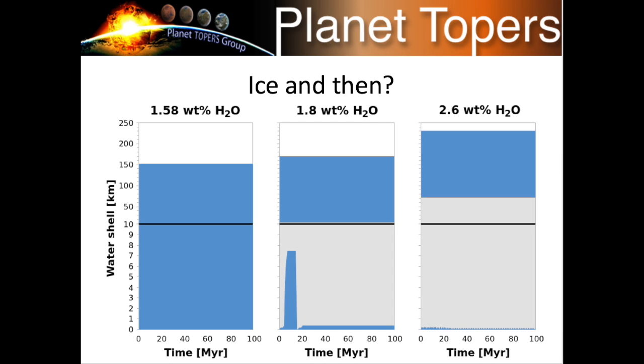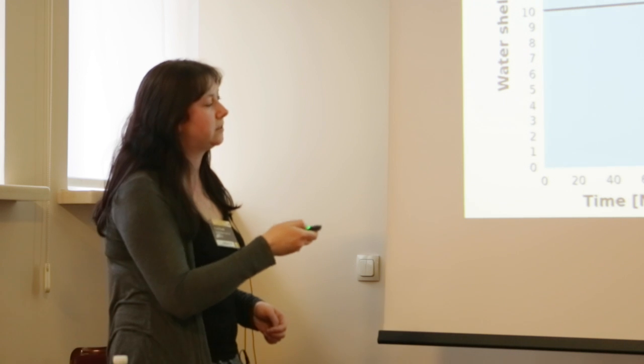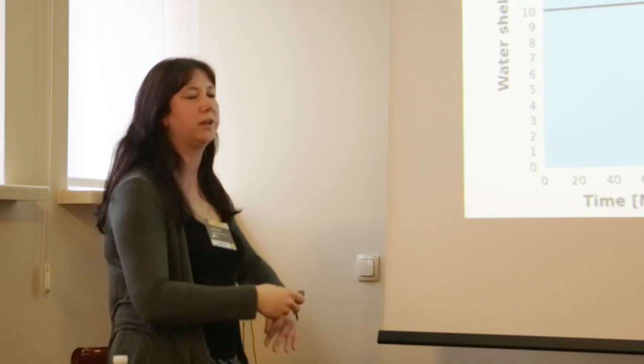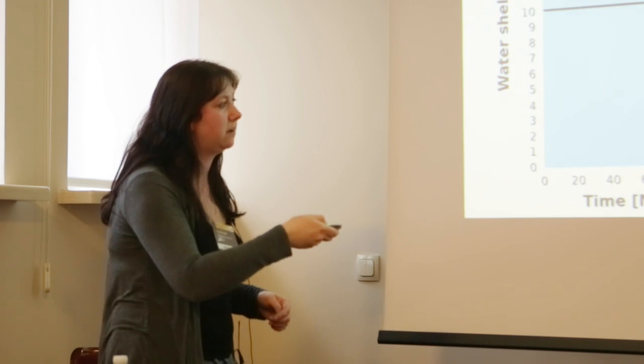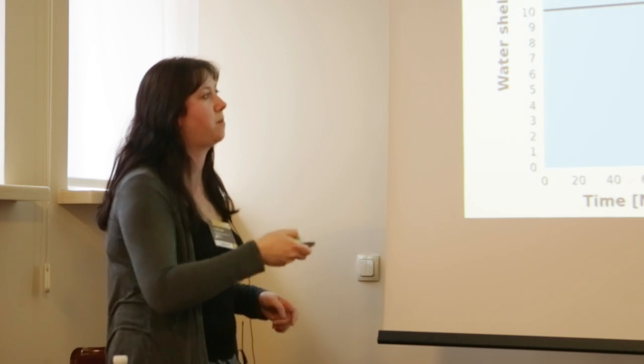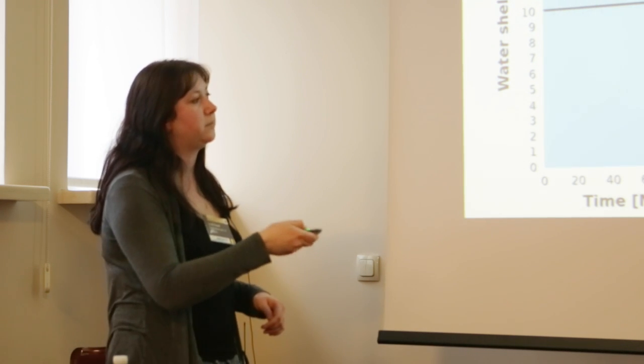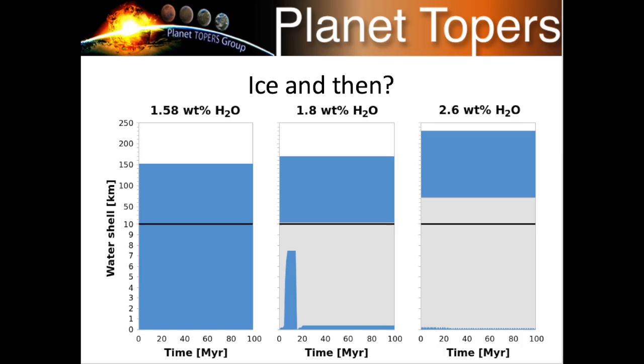If we go to larger amounts of water, in this case 2.6 weight percent, which is still not very much, but this is just an example simulation, what happens is that this increasing amount of liquid water, rapid cooling, and completely frozen lower part of the ice happens episodically.